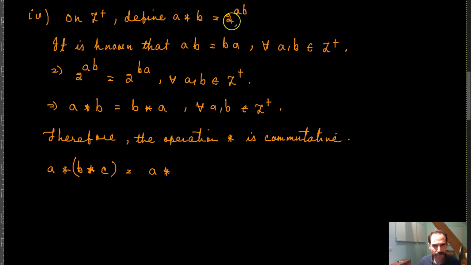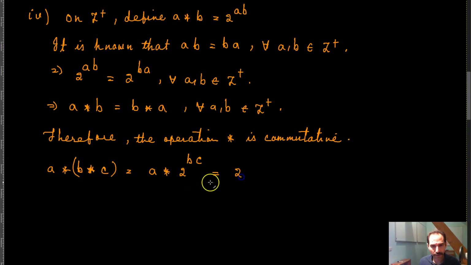Now B star C would be 2 raised to the power B times C. And that is equal to A star 2 raised to the power BC. So I have to multiply these two numbers and then use it as an index for 2.